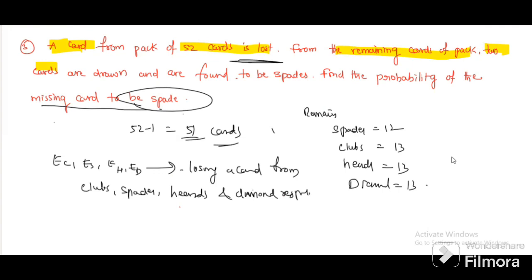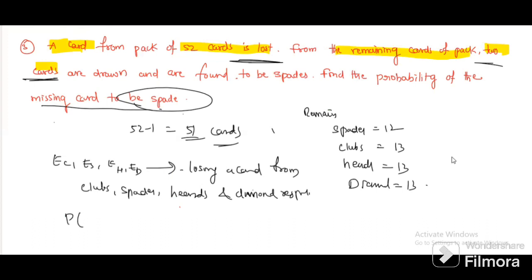So these are mutually exclusive and exhaustive events. Let us think A is the event of drawing two spade cards, where two cards are drawn.